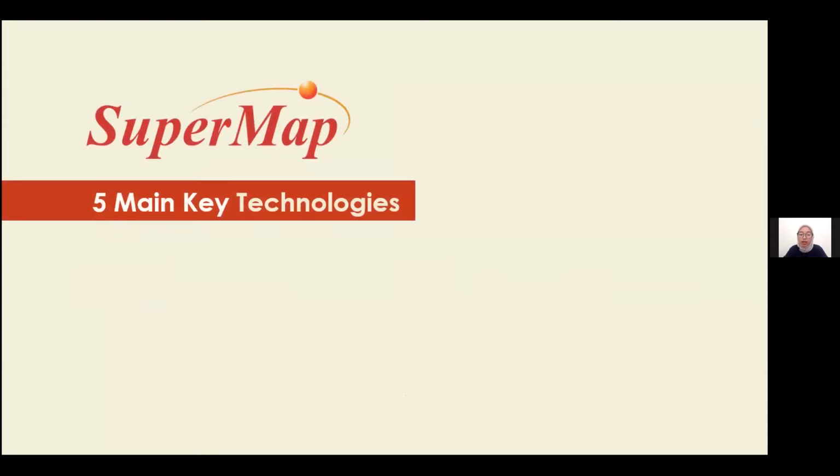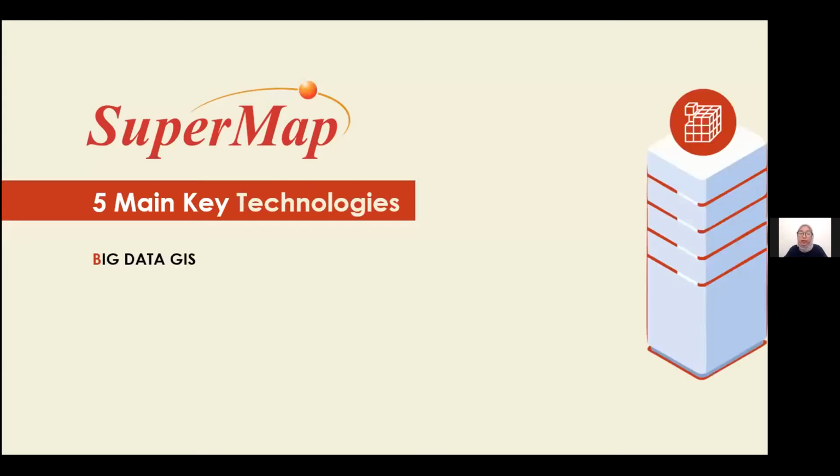There are five main key technologies that are the basis for solving spatial problems encountered using the SuperMap platform. The first one is Big Data GIS. We support the whole process of big data, including streaming data, storage management, spatial analysis, and also visualization.